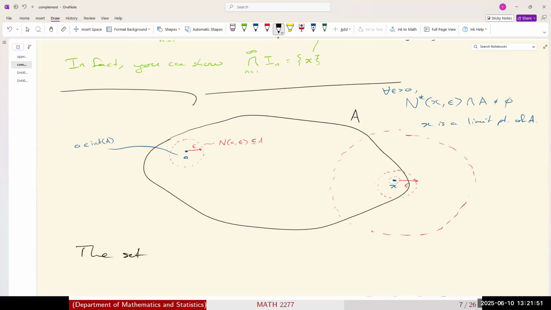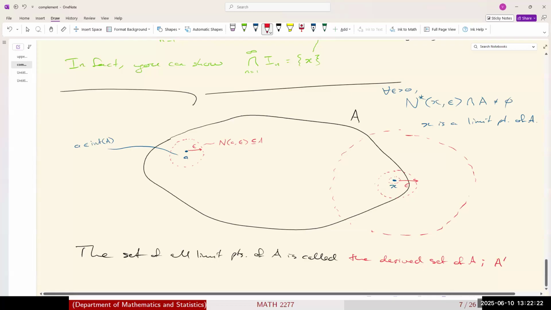The set of all limit points of A is not called the limit point set, it's called the derived set of A, and it's given the notation A prime.